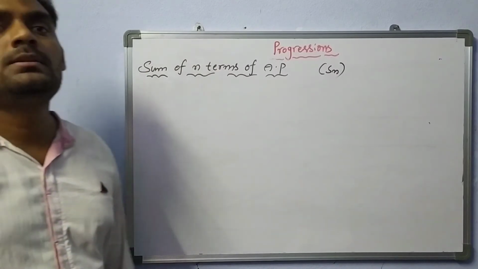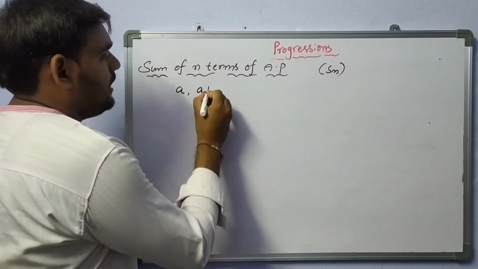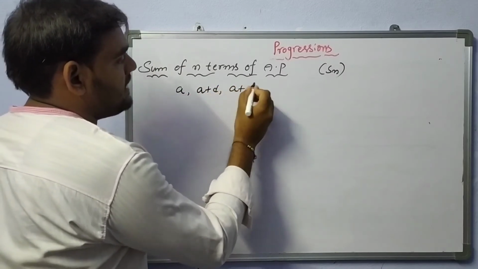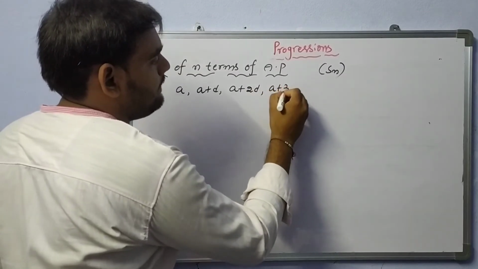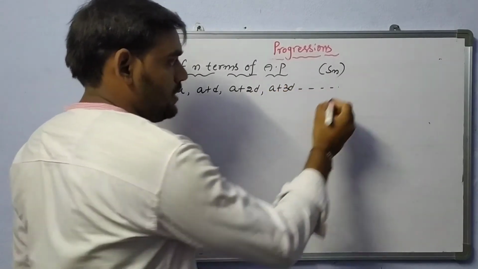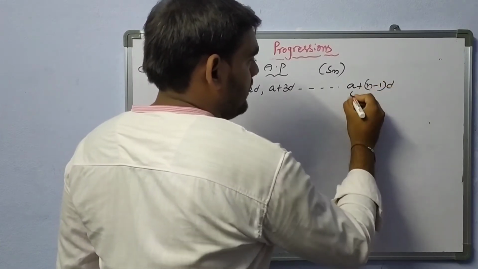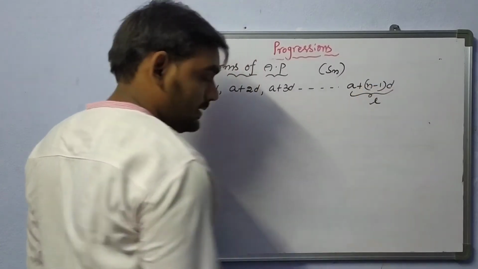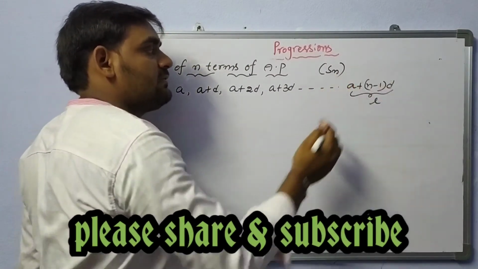See, we all know that the standard form of AP is A comma A plus D comma A plus 2D comma A plus 3D, and so on. A plus n minus 1 into D. So this can be taken as L. So what is the preceding term of A plus n minus 1 into D?